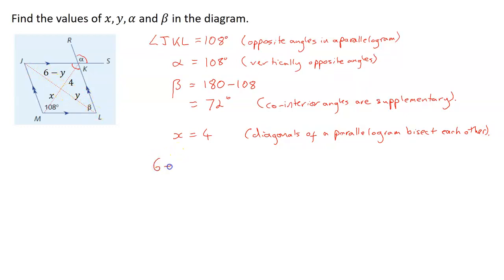I know that they're equal, so 6 minus y equals y. This is the same reason as I've written above, so I can just write that there. Now I need to solve this equation, so I need to add y to both sides and then divide by 2.